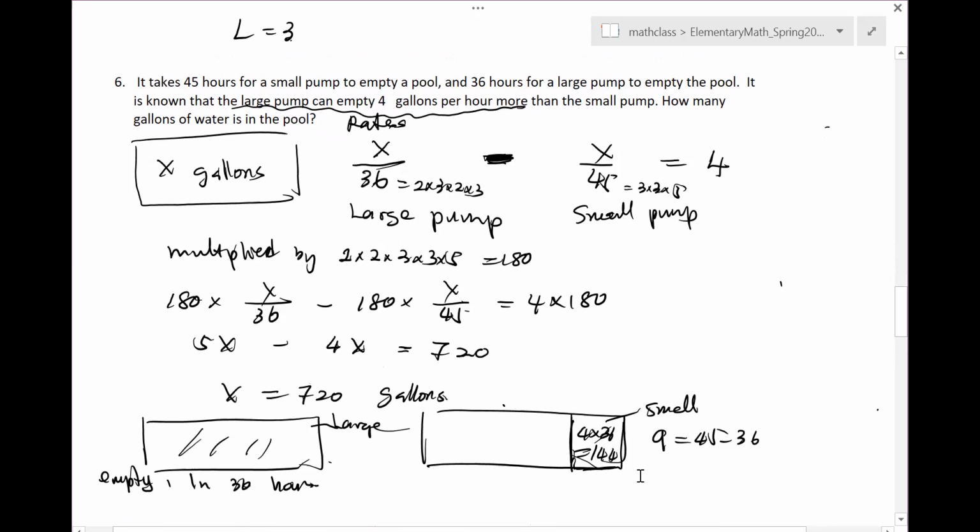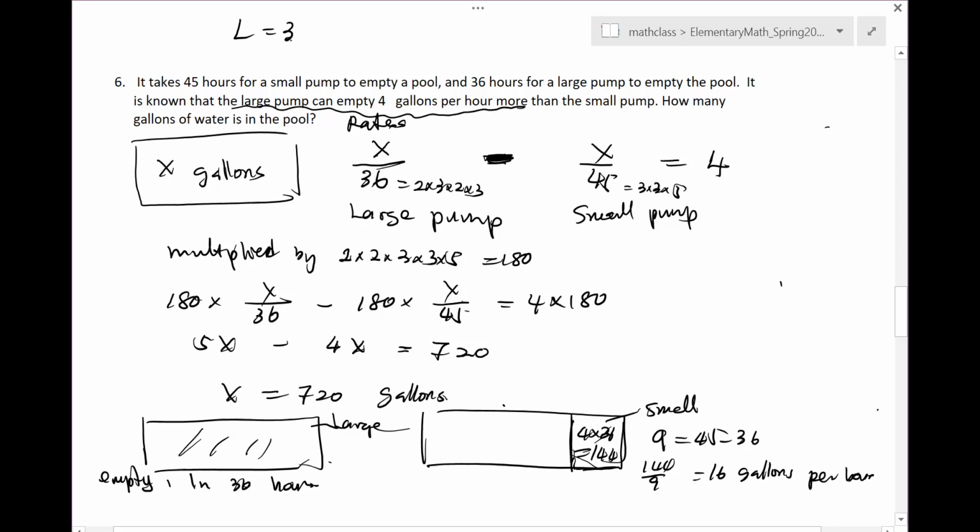Then you figure out the rate for the small pump. The rate for the small pump is going to be 144 over 9, which is 16. So 144 over 9 is 16 gallons of water per hour. You see, without using an equation, it's pretty complicated. That's the small pump.